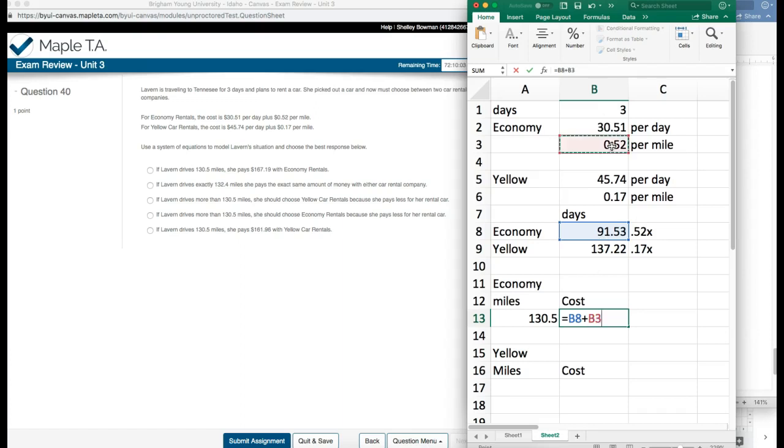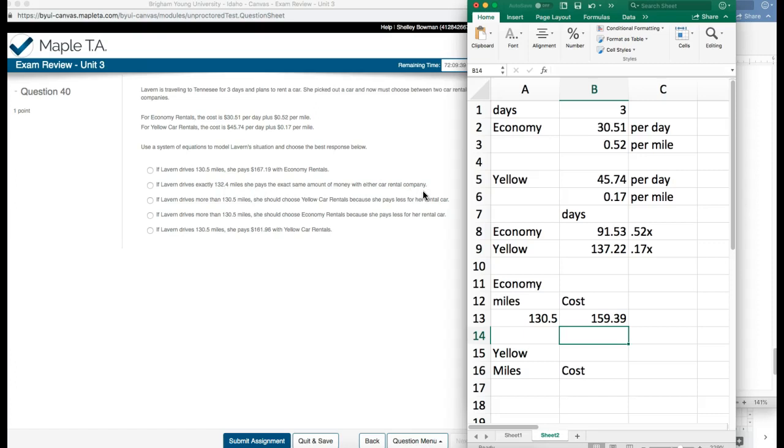So I'm going to multiply 52 cents by the miles here, and that will be the cost. And oh nope, it looks like they did the calculation wrong, so that's wrong, and we don't even need to go any further.